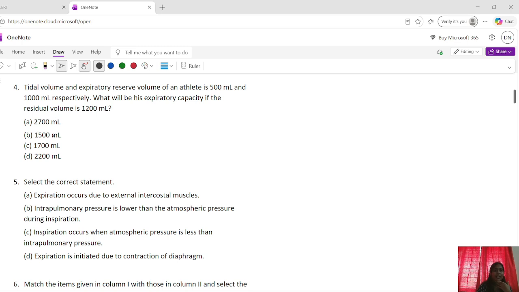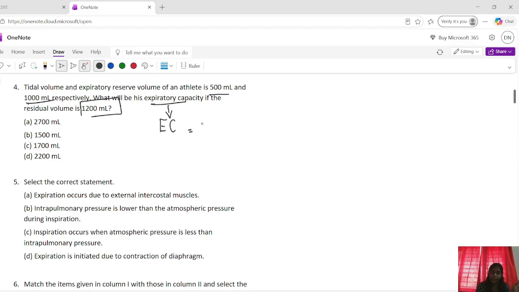Okay, now let's move on to the fourth question. Tidal volume and expiratory reserve volume of an athlete is 500 ml and 1000 ml respectively. What will be his expiratory capacity if the residual volume is 1200 ml? So now we have to find the expiratory capacity of the athlete, right?